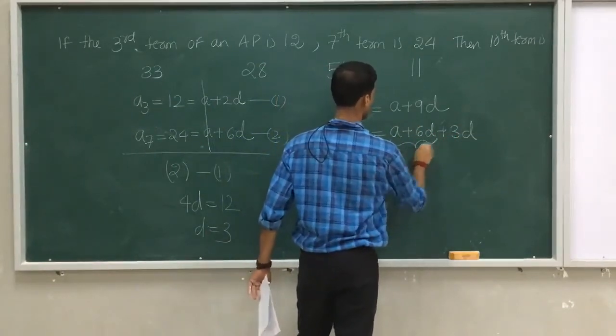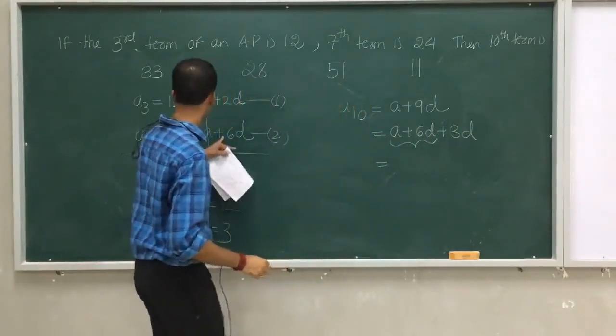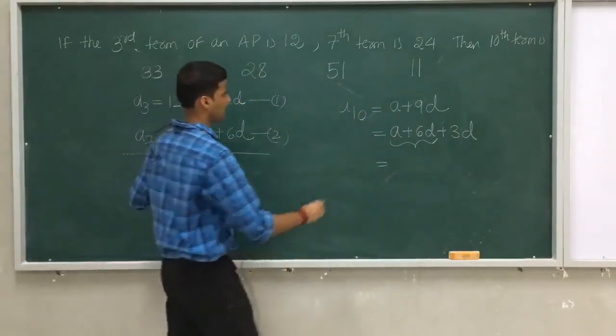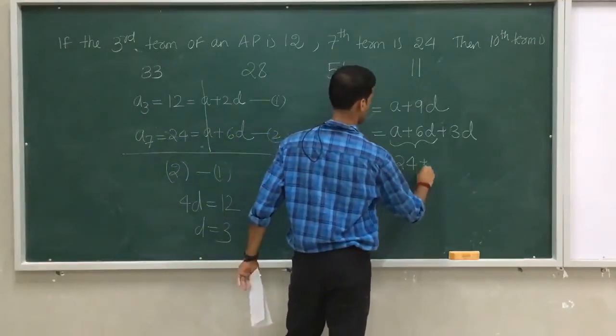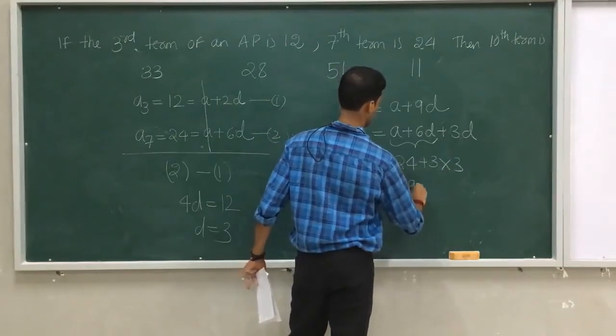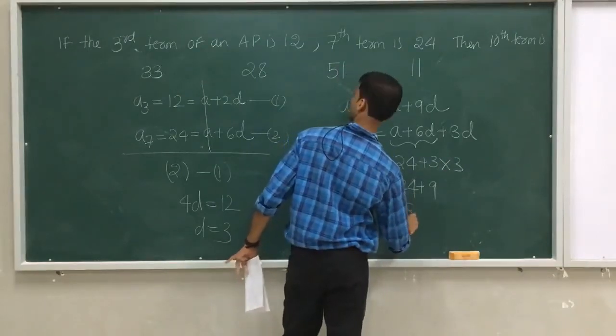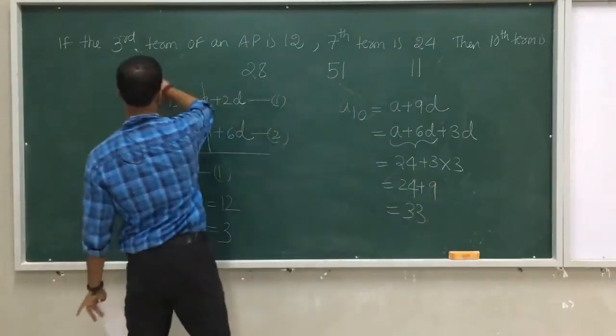I know the A plus 6D answer, because 6D plus 3D is 9D. So A plus 6D, I know the answer is 24. So 24 plus 3 into D, D is 3, so 24 plus 9, 3 3s are 9. So it is 33. Option A.